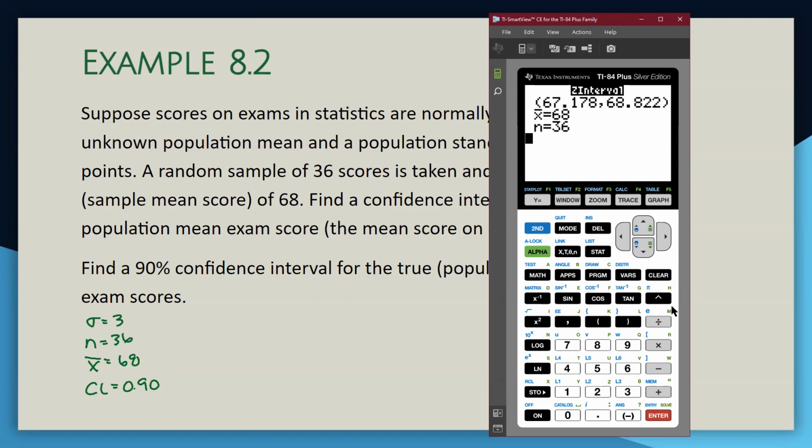And then it gives us back that sample mean and standard deviation just to be sure that we did this correctly. So our confidence interval is 67.178 to 68.822.